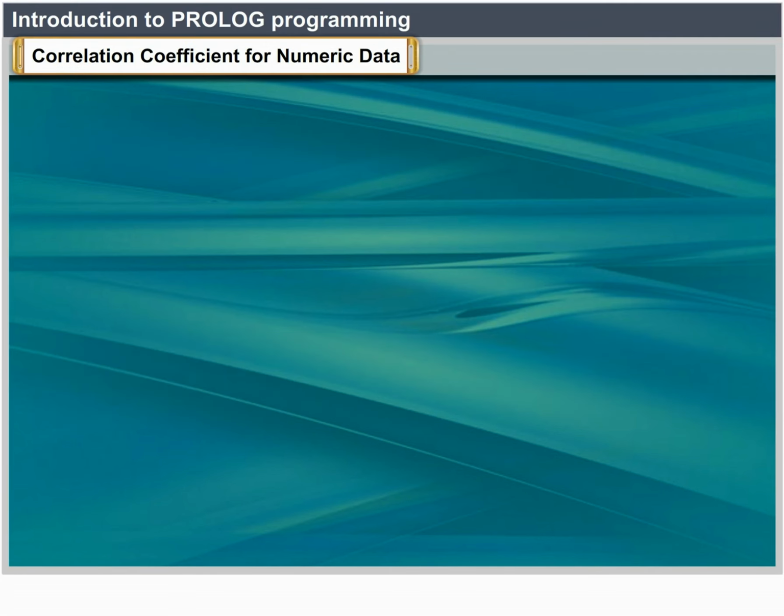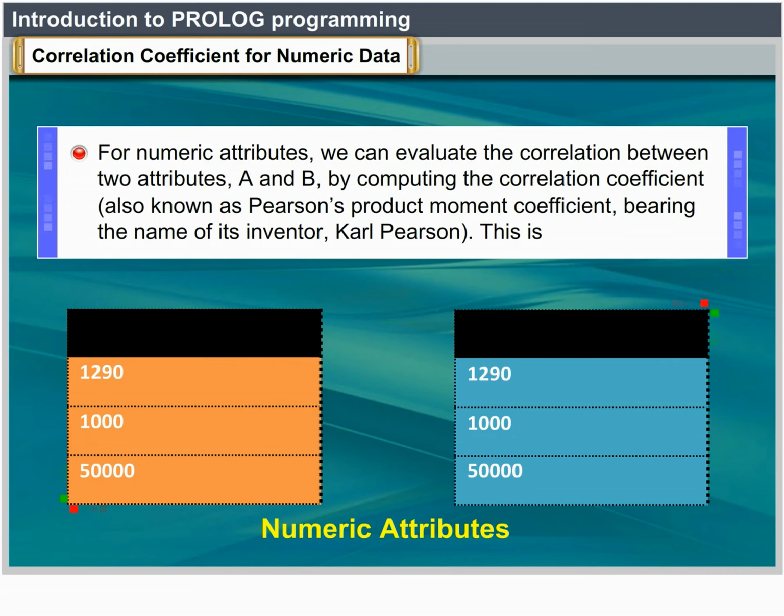Correlation coefficient for numeric data. For numeric attributes, we can evaluate the correlation between two attributes A and B by computing the correlation coefficient, also known as Pearson's product moment coefficient, named after its inventor Karl Pearson.